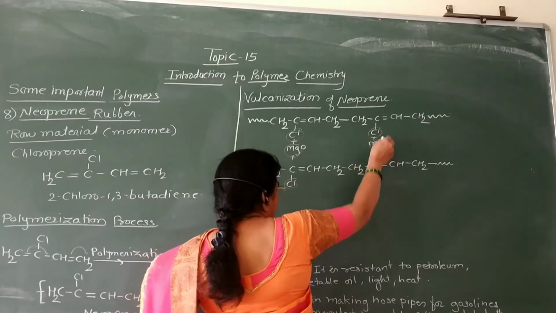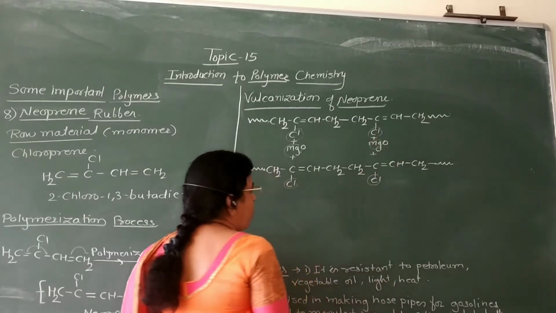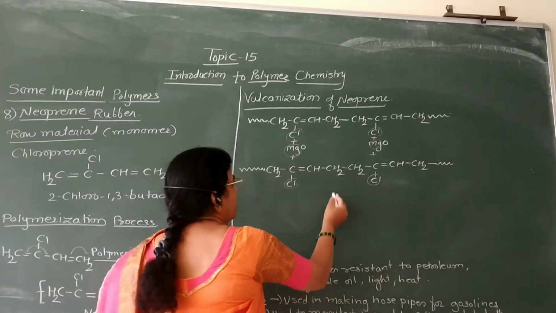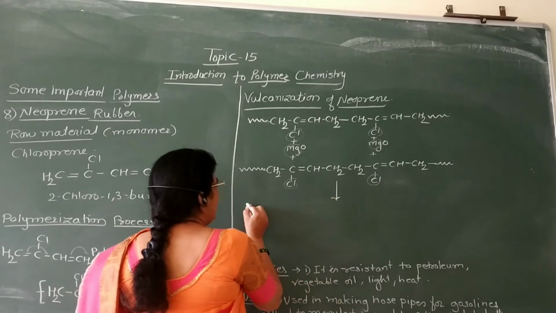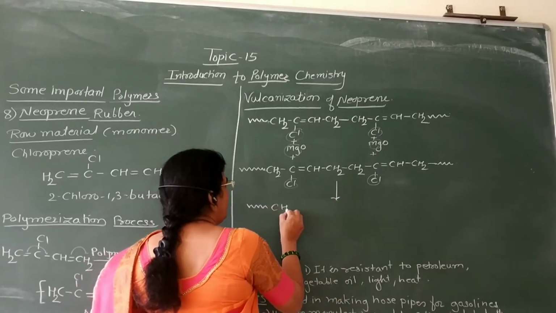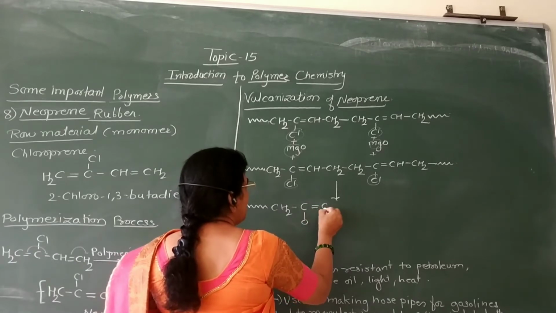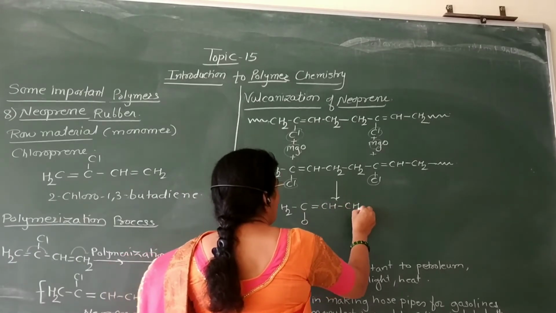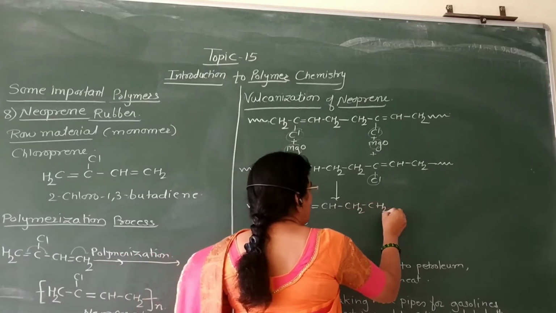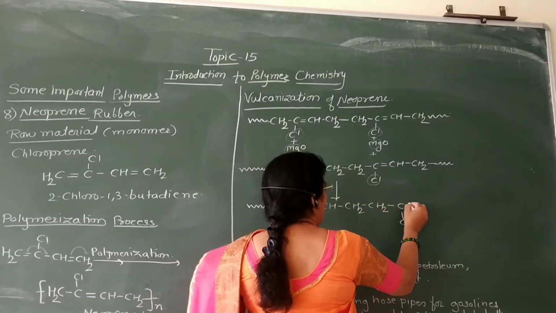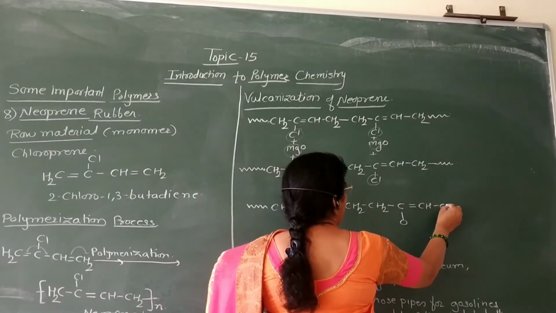And linking between these two neoprene units is formed like this: CH2, C, now here oxygen, =CH, CH2, CH2, C, here oxygen, =CH, CH2.